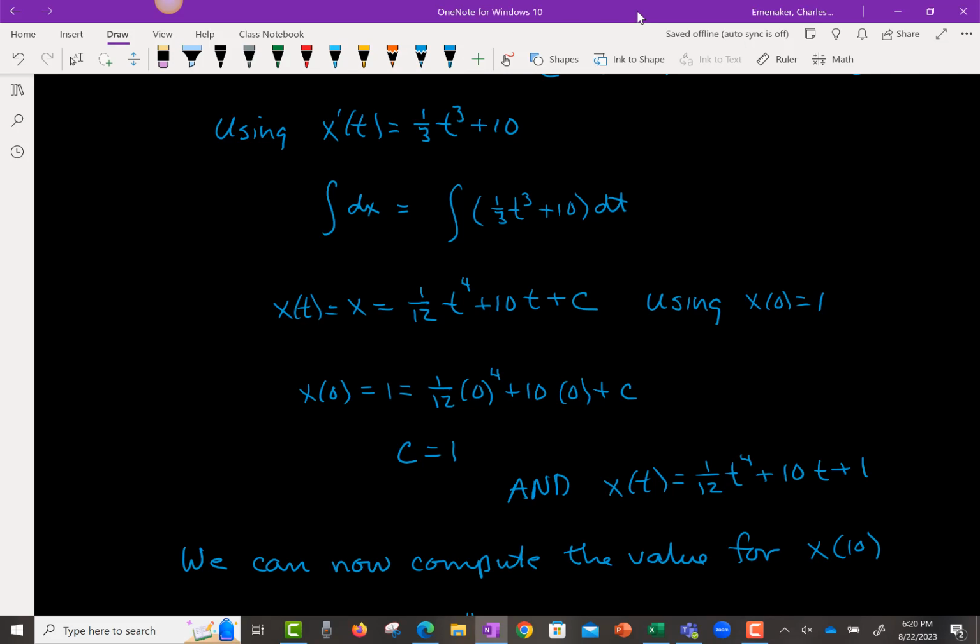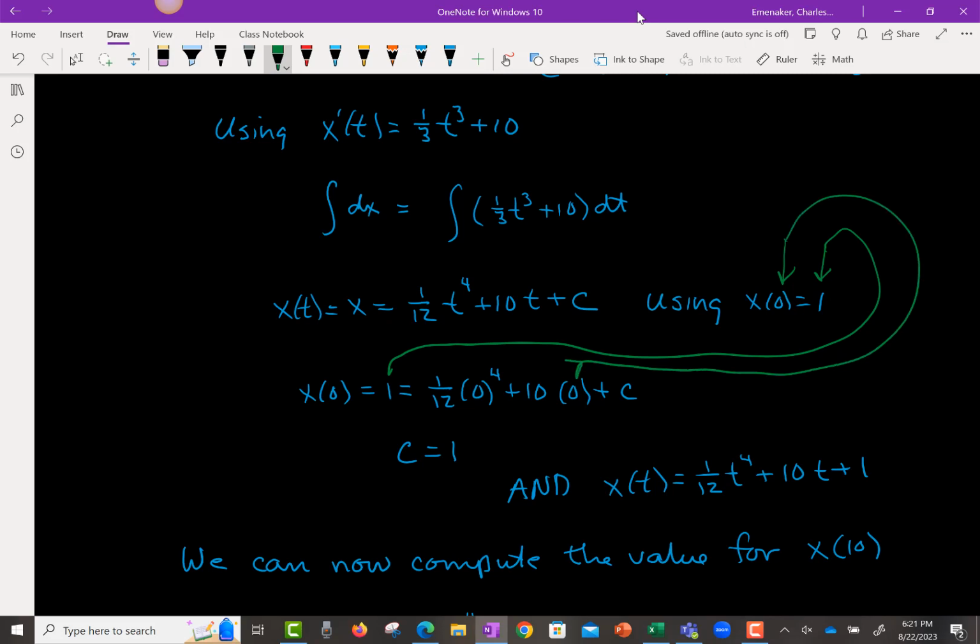So what this allows us to do then is to substitute 0 in for t, and the value that we should get back is 1. Okay, so the 1 is going to be over here, and then I'm going to substitute the 0 in each location where there is a t.